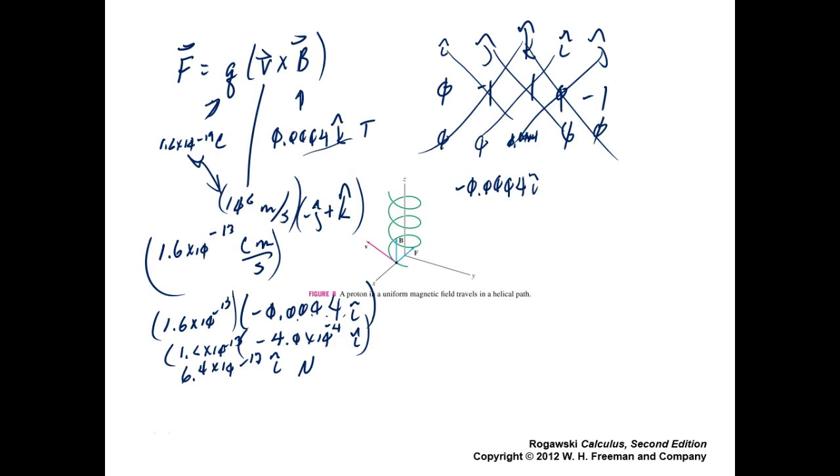But they're saying that the, oh, wait a minute. Nope, I included that. They're saying this vector here, minus j plus k, has a length of square root of 2.